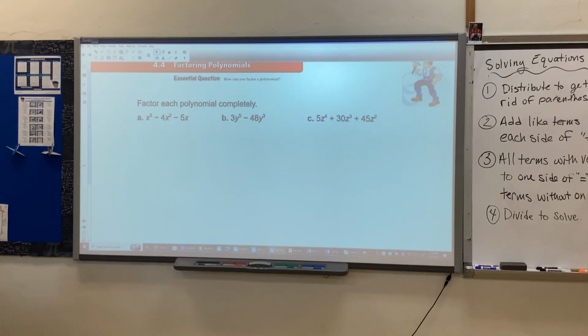You know how to do it. So I'm going to assume you guys can factor. You know to look for common factors to start this problem off, right? Each one of these, you look for the common factors. We'll call on somebody at random.